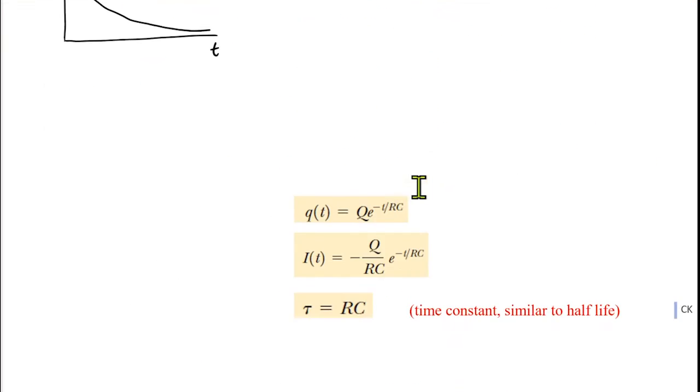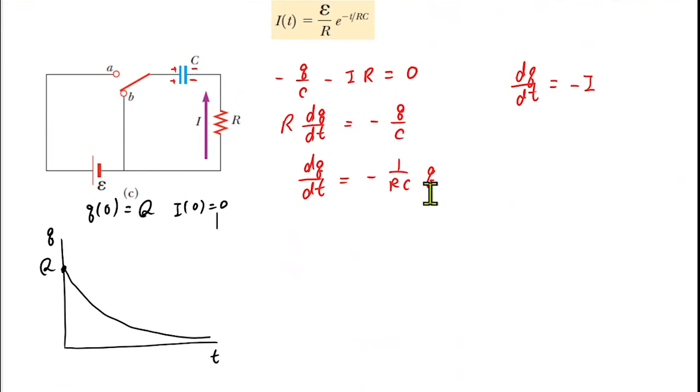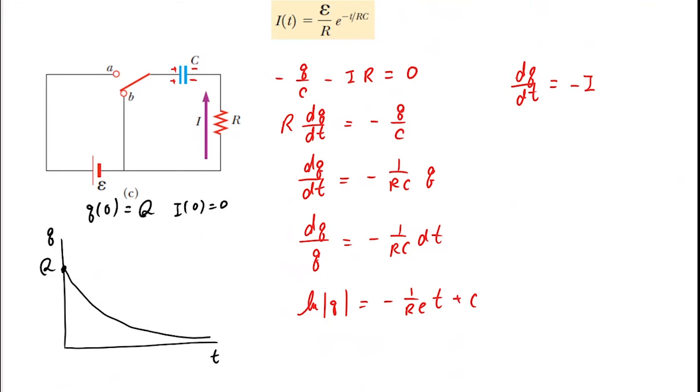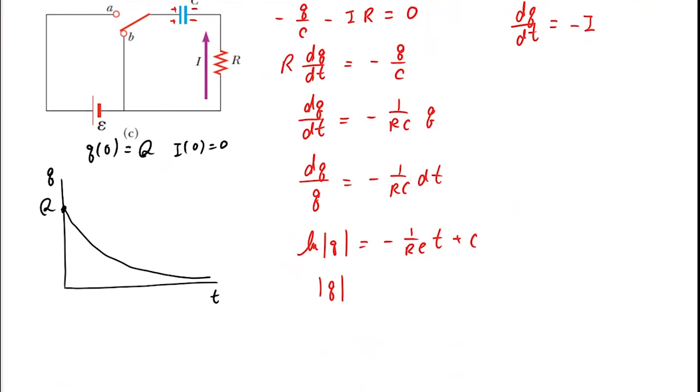Okay, let's solve this differential equation and call it a day. So now this is easy after this, right? Because this is already separable very easily, like this: negative 1 over RC dt. Integrate both sides, so ln of Q is minus 1 over RC t plus c. So the absolute value of Q is e to the negative t over RC plus c.